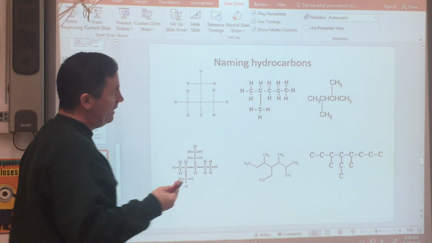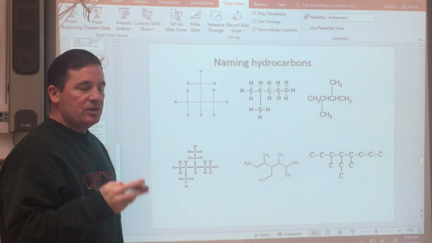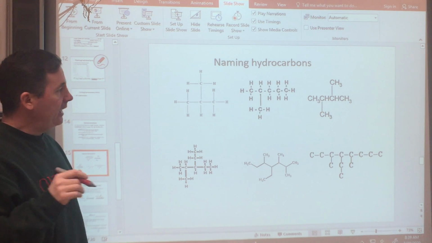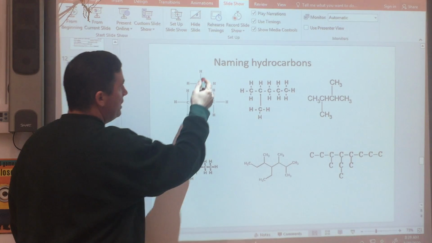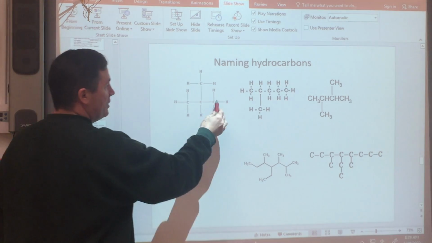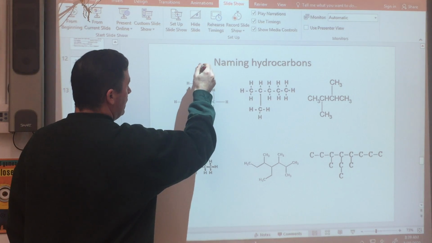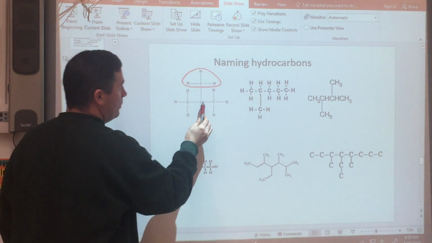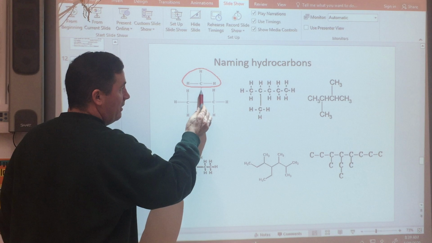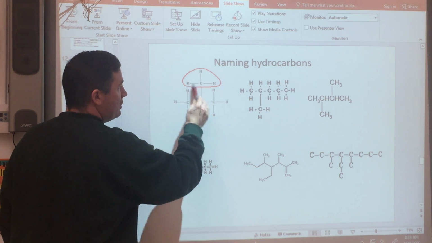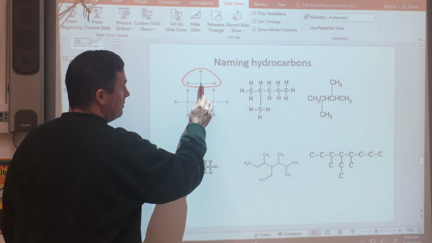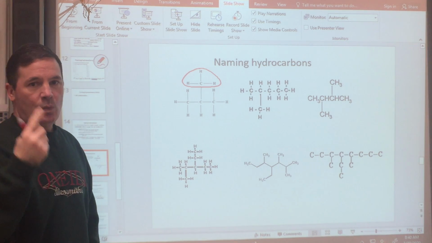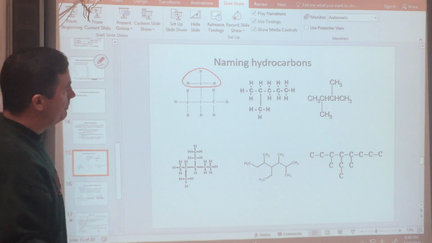So the next thing that I have to think is, in order for me to number my carbons, I have to find where this substituent is. Let's make it easy, the first one, we're going to consider this a substituent. And you can see that that substituent, which normally would be a hydrogen here, has 1 carbon, and remember from your naming system, the prefix for 1 carbon is meth.